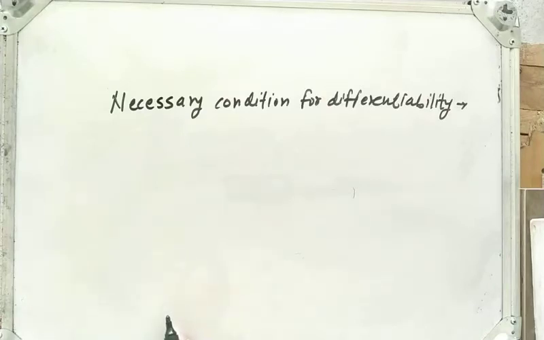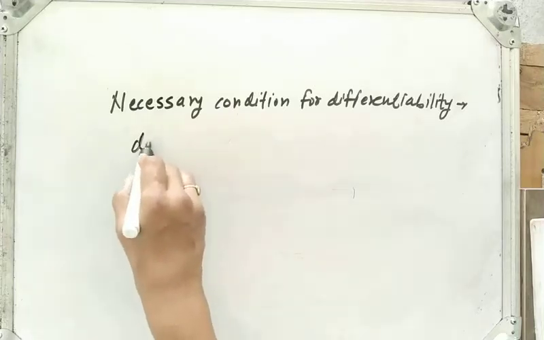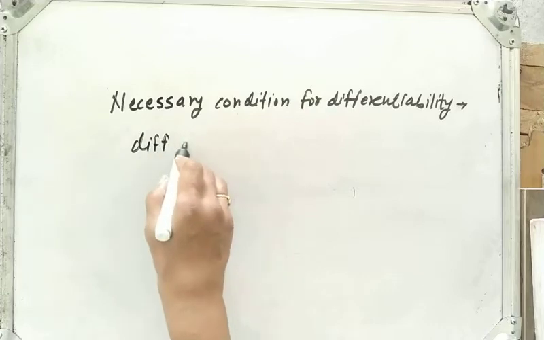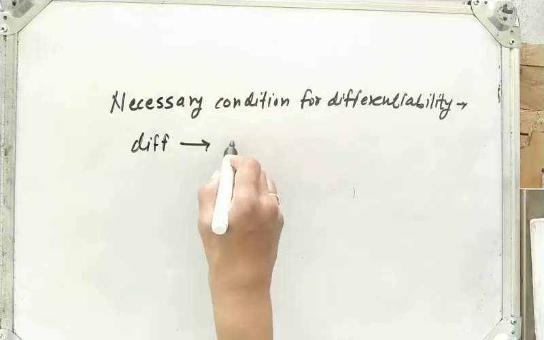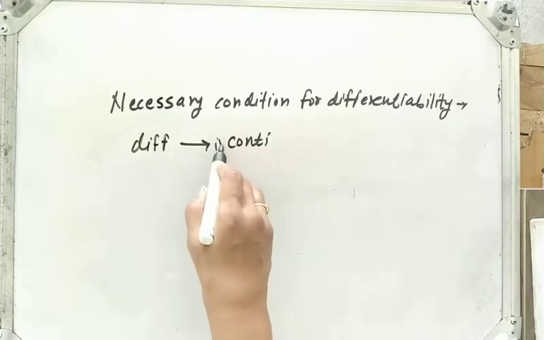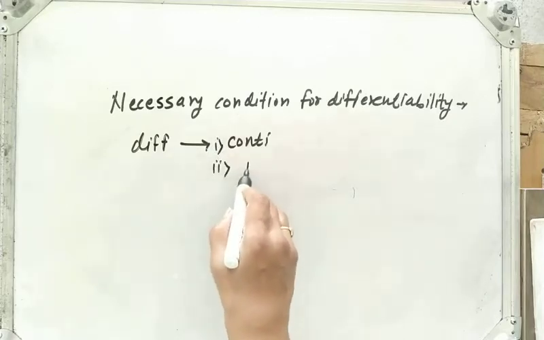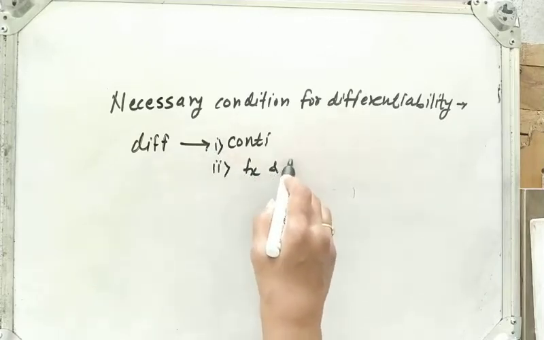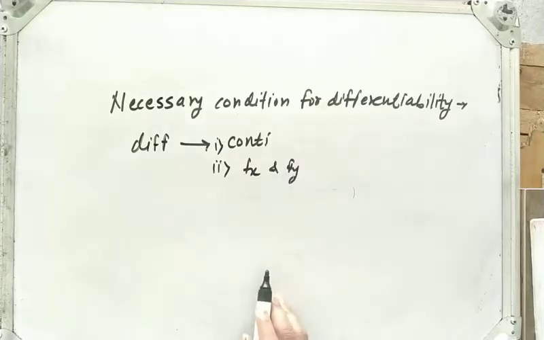If f is a function which is differentiable at a point (a, b), then it is continuous at that point (a, b). That is the first point, and the second point is that fx and fy both exist at point (a, b). That was the necessary condition for differentiability.